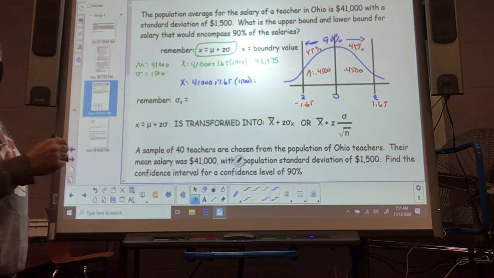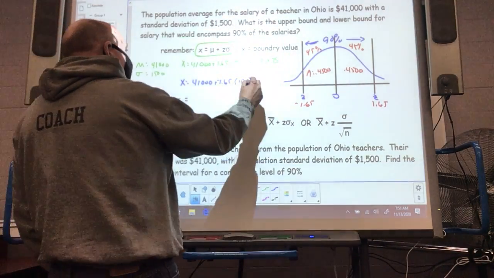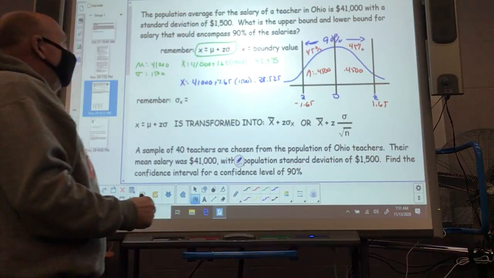Our bottom value, what's our bottom value going to be? 38,525.